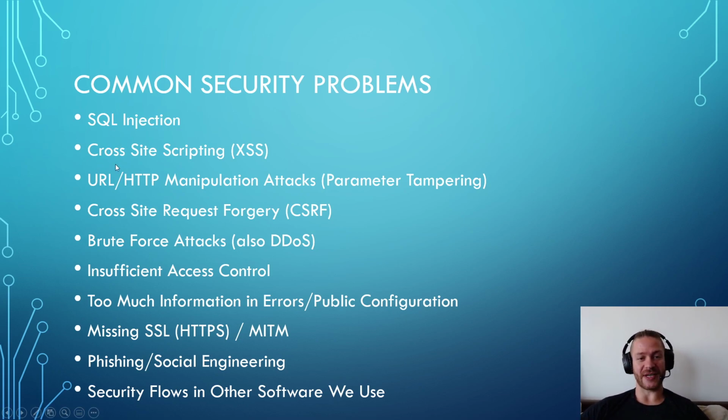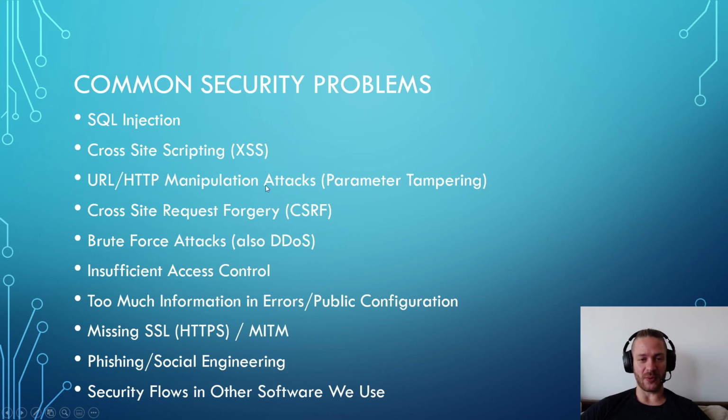We have cross-site scripting, which means that instead of SQL code, I can inject JavaScript code, which is also problematic because with JavaScript code injected into a foreign site, I can easily store cookies and gain unauthorized access.